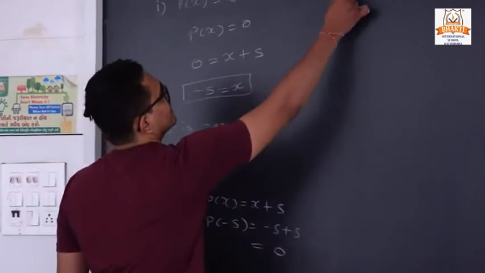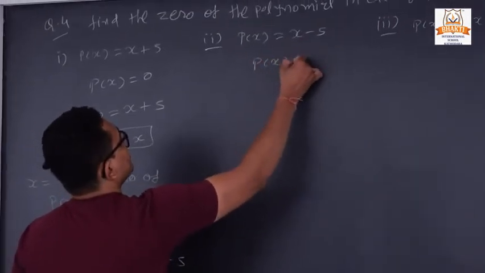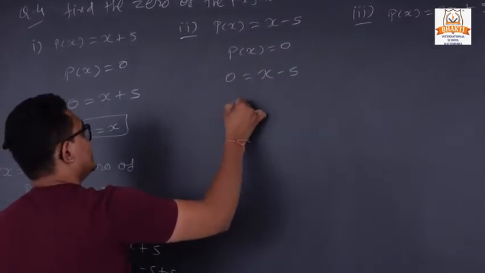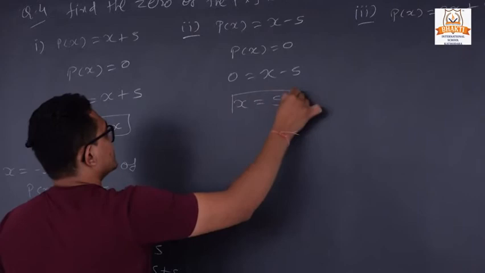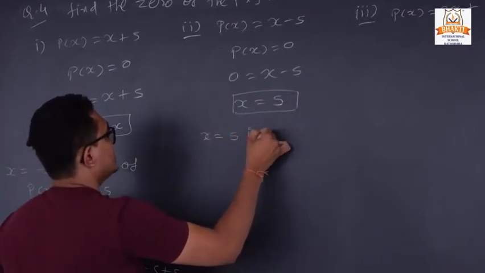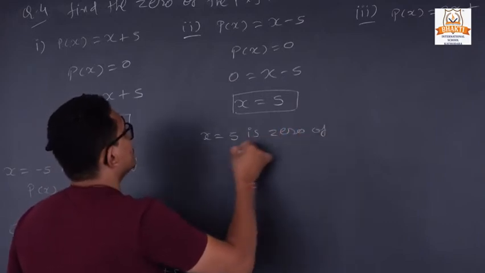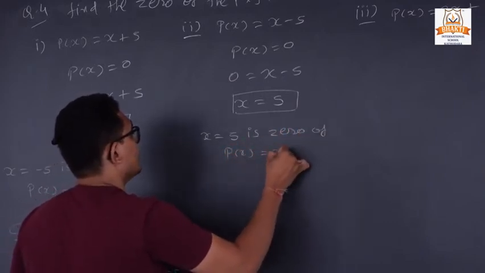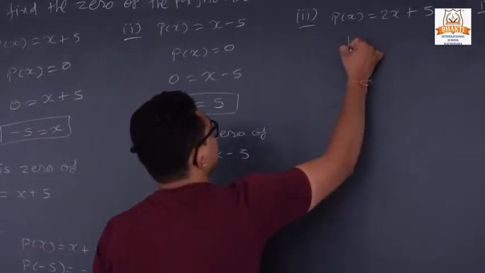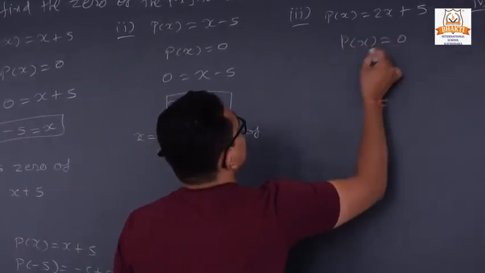Now second. Once again we will put p of x is equal to 0. So that minus 5 is going to the second side, so the answer is 5. So once again we can write x is equal to 5 is a zero of p of x is equal to x minus 5. Now third, once again the same method, 0.